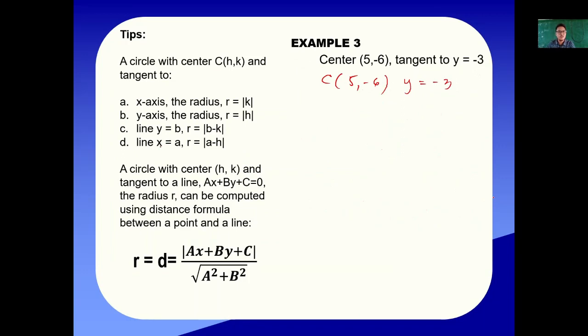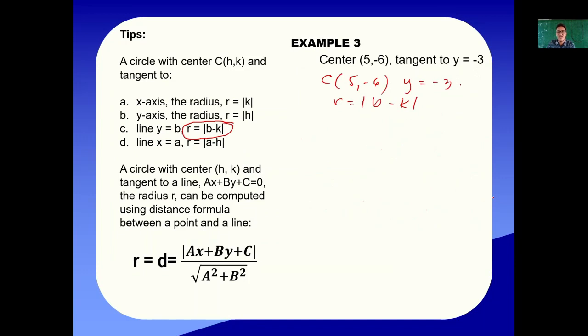Sabi dyan, if the line y is equal to b, or kung si y ay merong numerical value, to find the radius, r is equal to the absolute value of b minus k. Therefore, our radius is equal to |b - k|.